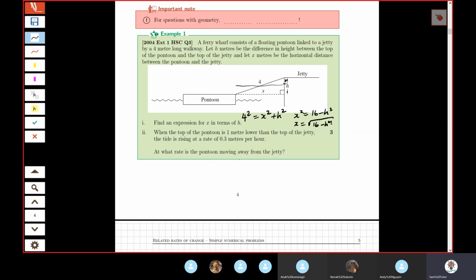At what rate is the pontoon moving away from the jetty?